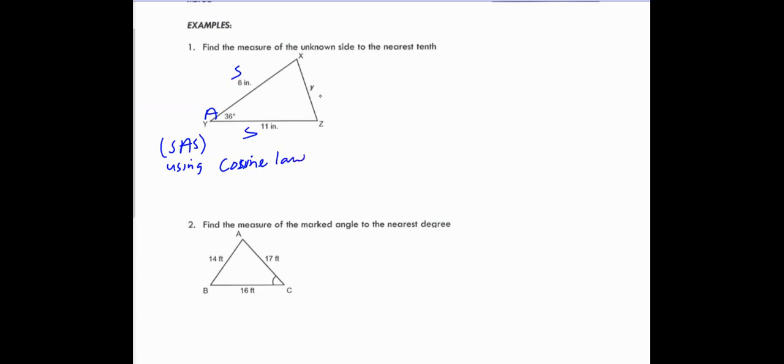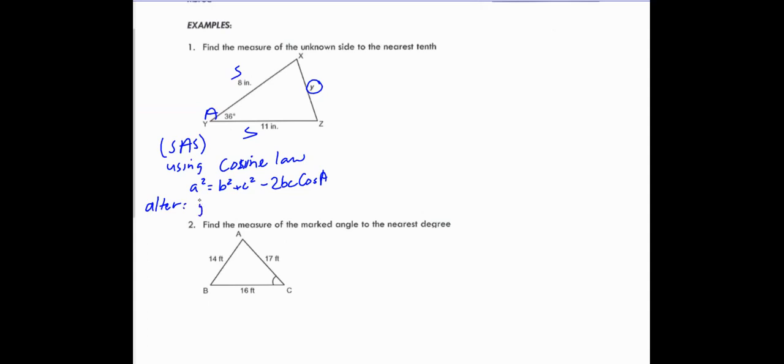And we have to decide, we're looking for a side, okay? So you will take something like a squared equals b squared plus c squared minus 2bc cos A.